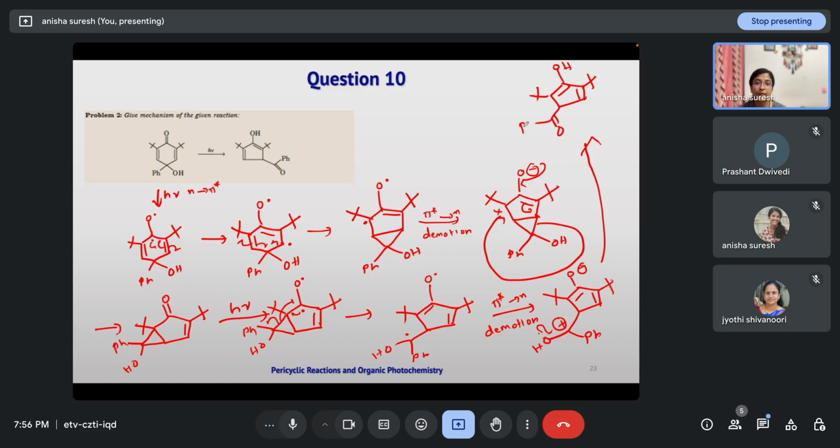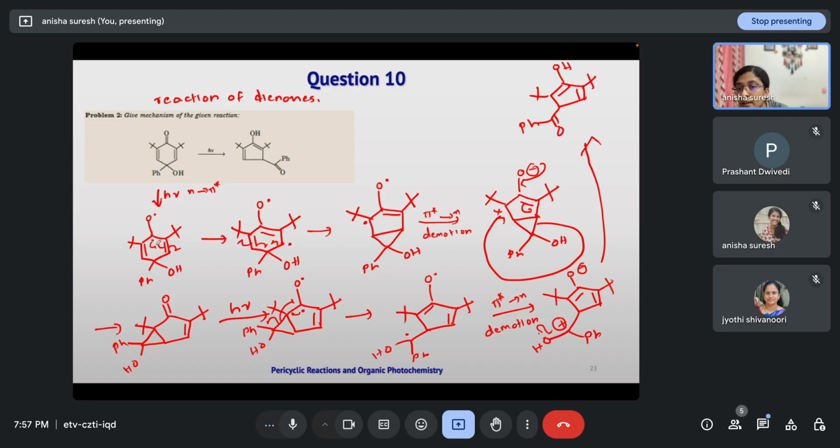Double bond O pH, which is this final product. Okay, this is the reaction of dienones under photochemical condition. So first, upon excitation, this O radical and carbon radical will be forming.